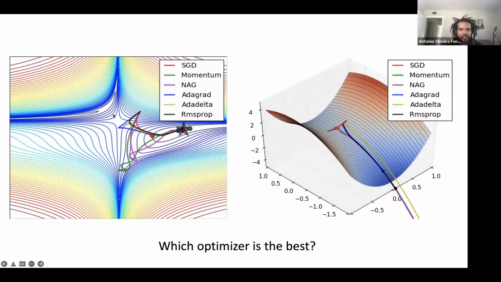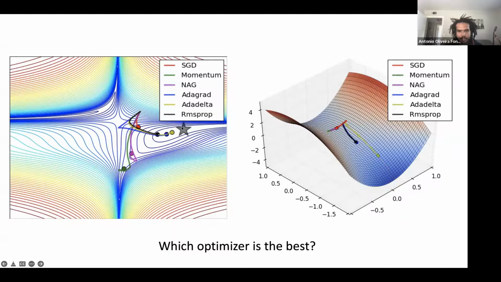What we're seeing here is a specific loss landscape, which approximates the loss of a problem we're trying to solve, like mean square error or whatever. We have two loss landscapes, and each color identifies a different optimizer. I hope you can appreciate the difference in speed with which each one converges towards the point of minima.